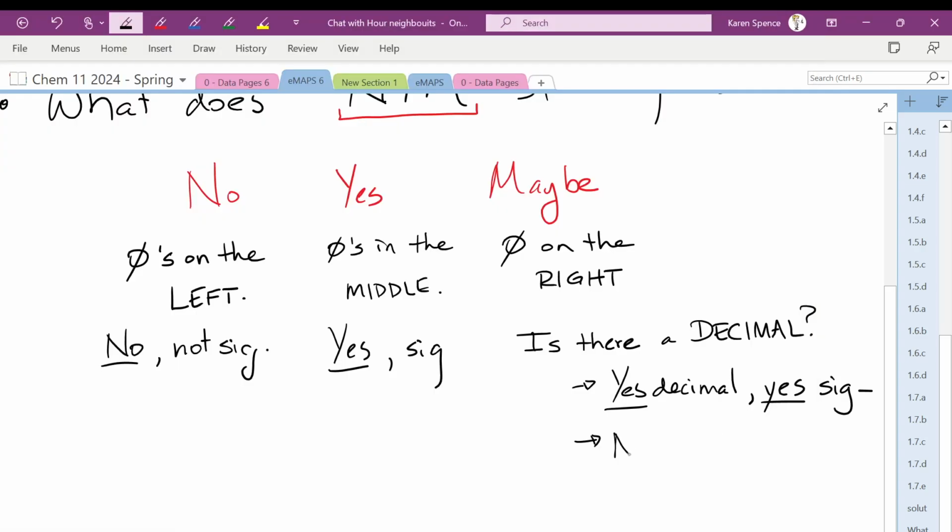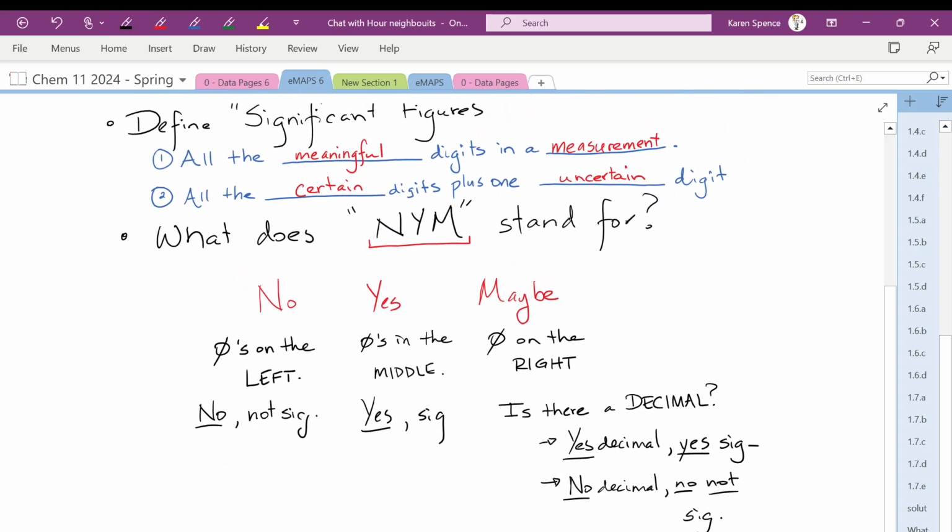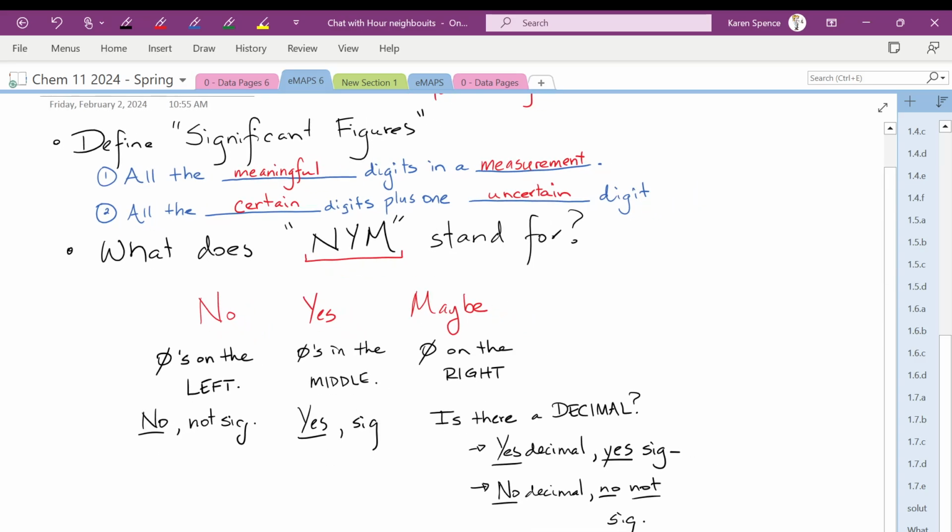Okay, if there is no decimal, no, they are not significant. So a quick review, if anybody's watching this, because I've got a few students away today. When I wasn't recording, we defined significant figures.